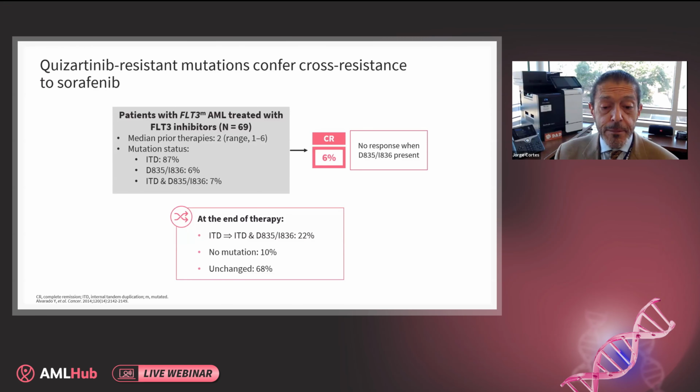And we found that about 20%, 22% of patients had that as their mechanism of resistance. So that is definitely an important element. Now we know that resistance also can happen by evolution of clones with other mutations such as RAS and others.